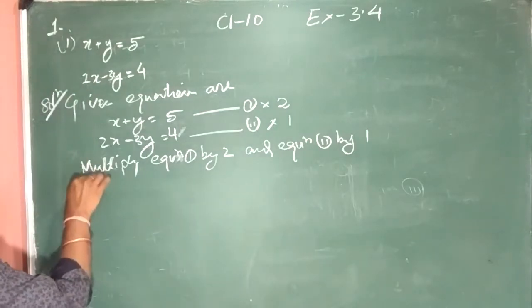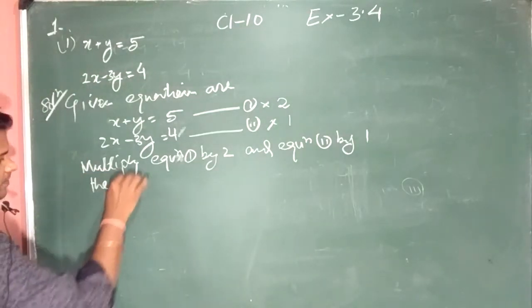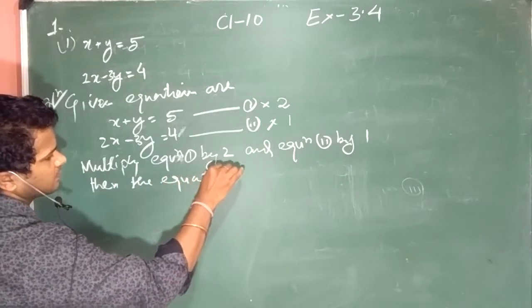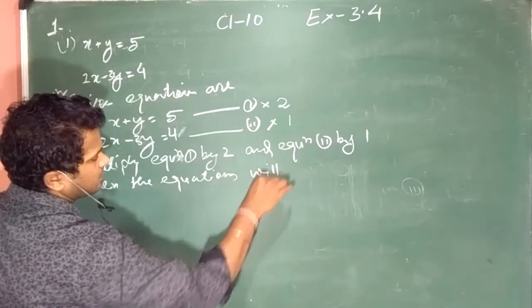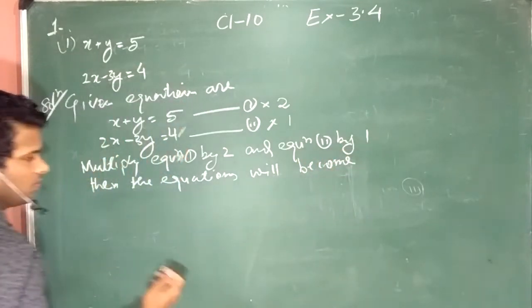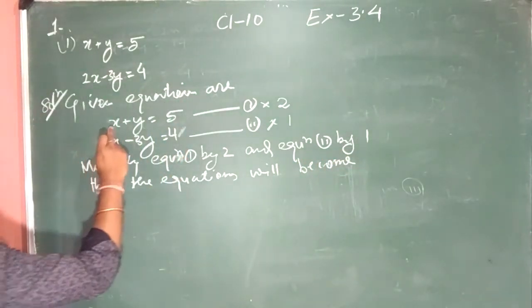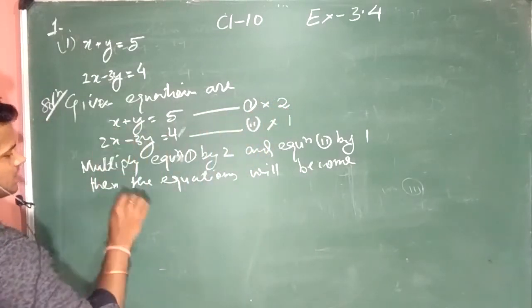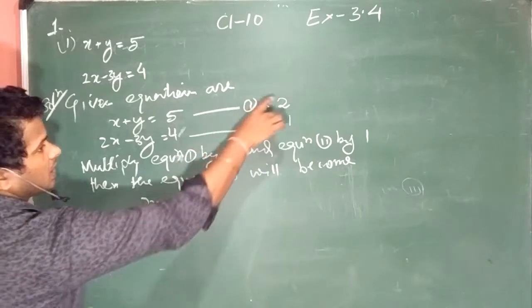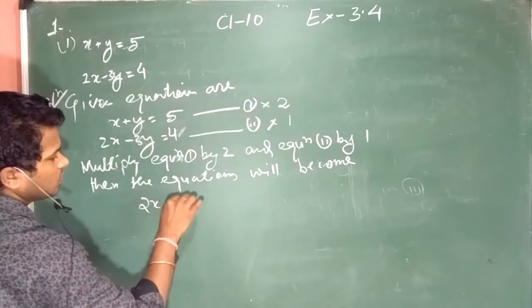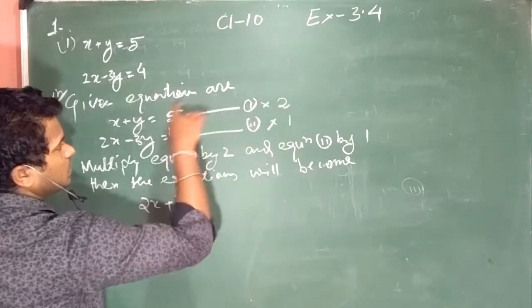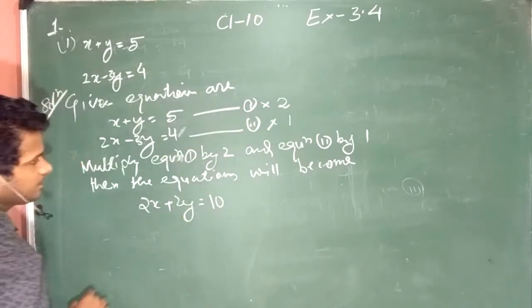Then what will the equations become? When we multiply 2 into x, so 2x, plus, again 2 into y, so 2y, is equal to, again 2 into 5, so 10.